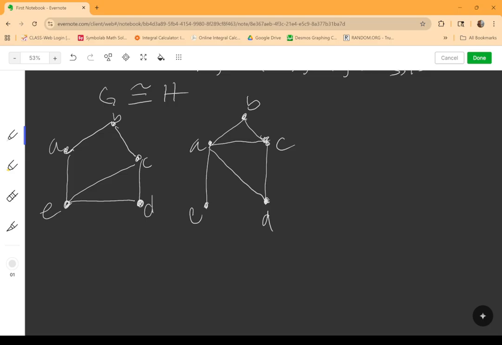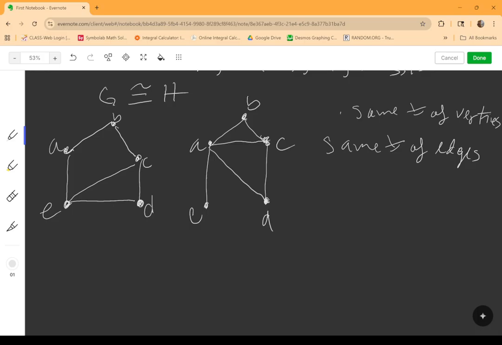Now for this one we could see we have the same number of vertices. So nice start here. It looks like we have the same number of edges. So far so good.